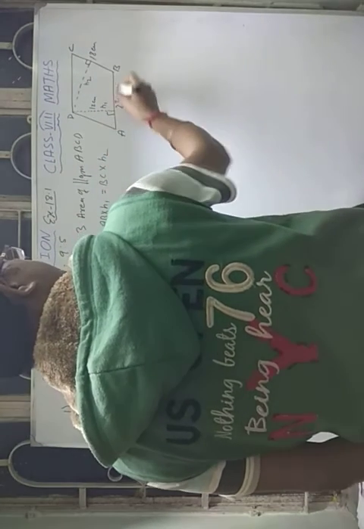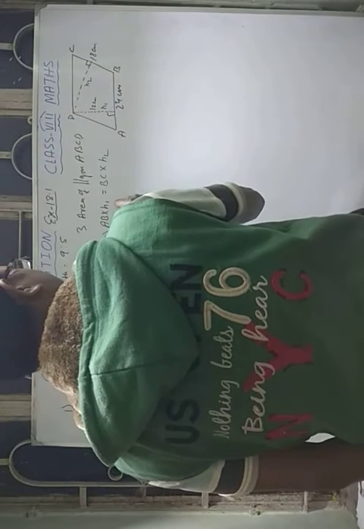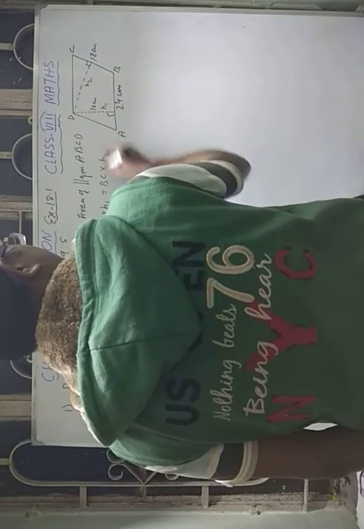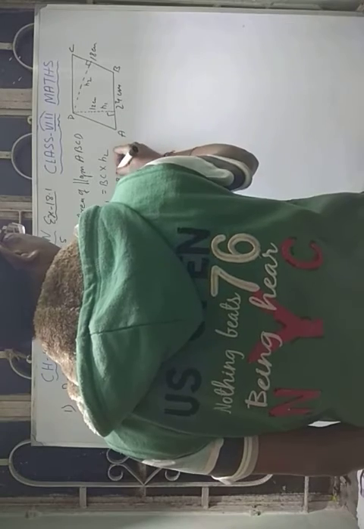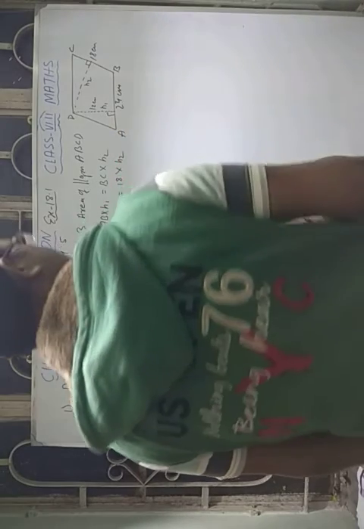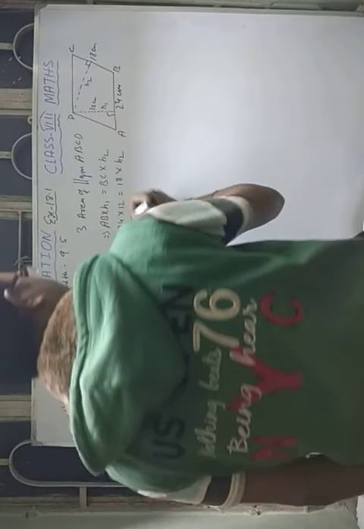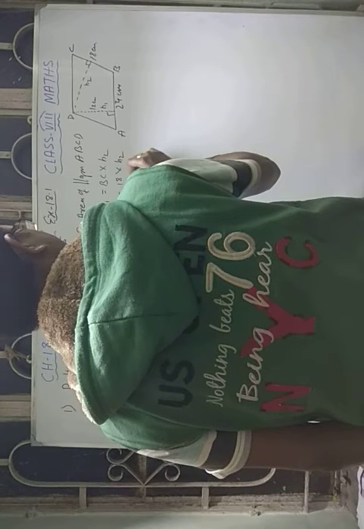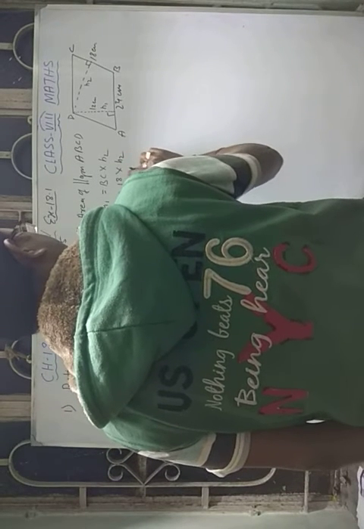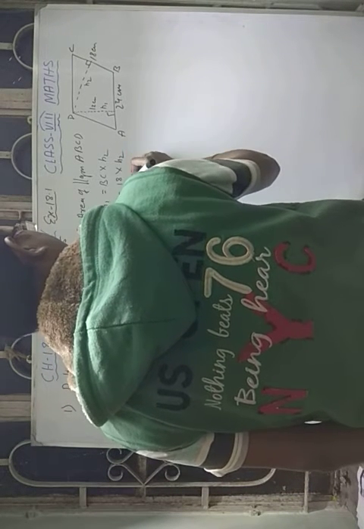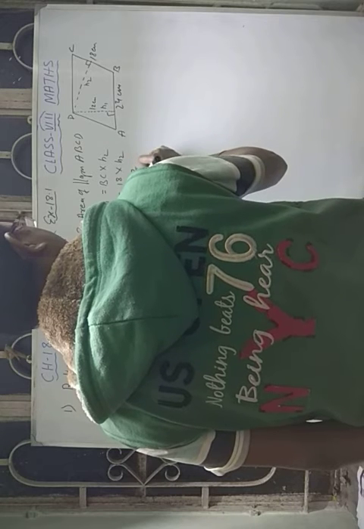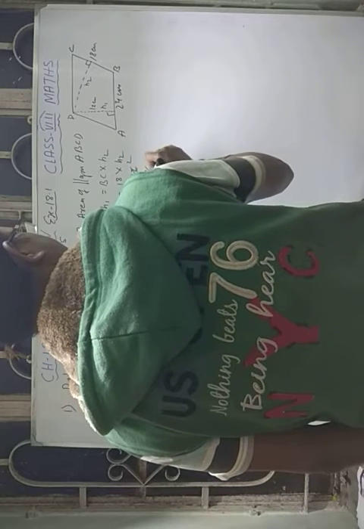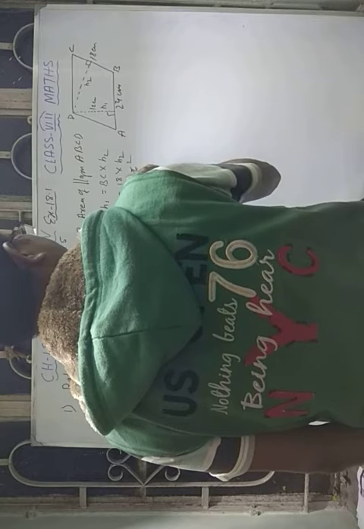So here the base AB is given as 24 and you know the height also, that is 12. You know the base BC is 18, but you don't know the height H2, that you have to find. So by solving, H2 equals 24 into 12 by 18. So 6 2s are 12, 6 3s are 18, 3 8s are 24.